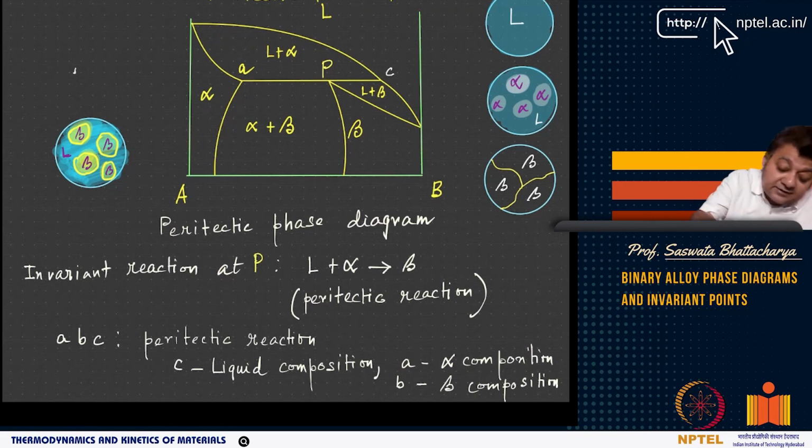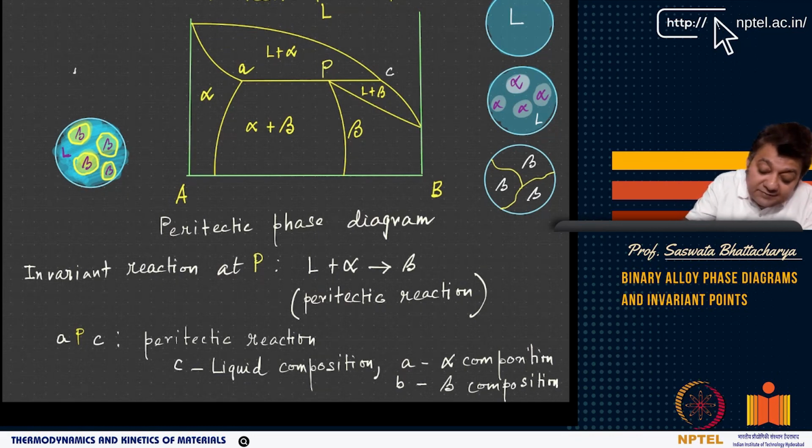The line A P C is at the peritectic temperature, where A represents the concentration of the alpha phase, C represents the concentration of the liquid, and P tells you the onset of this peritectic reaction, where L and alpha with these compositions transform to beta with the composition given by P.